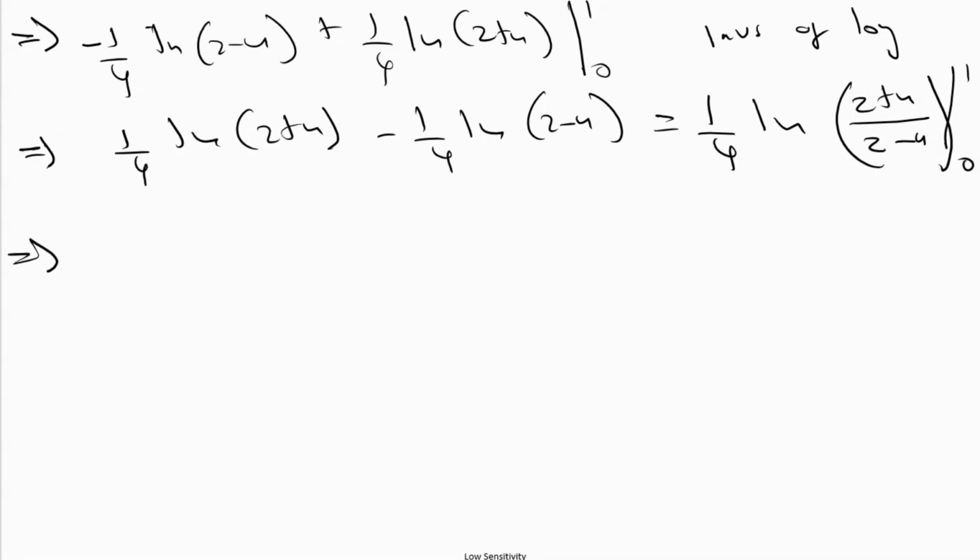So what do we have here? We have 1 over 4 times ln of (2 plus 1) over (2 minus 1), which is 3 over 1, minus ln of 2 over 2, which is 1.